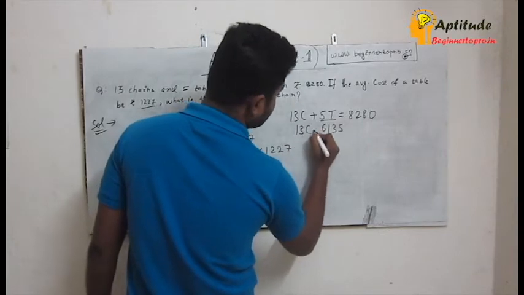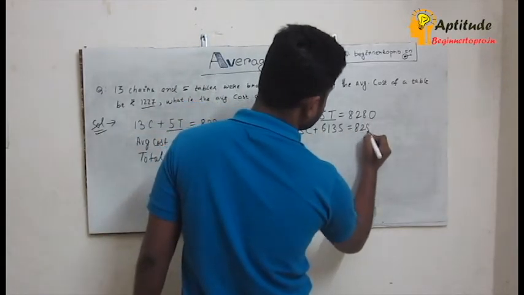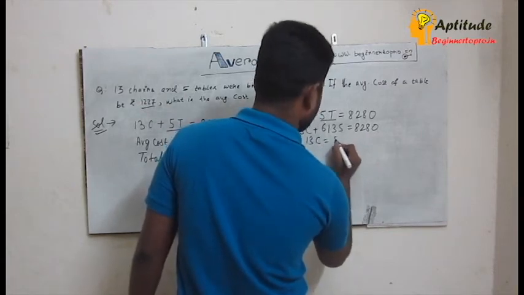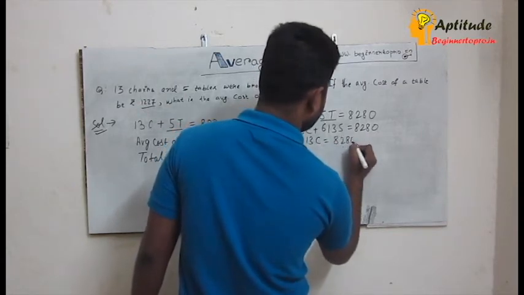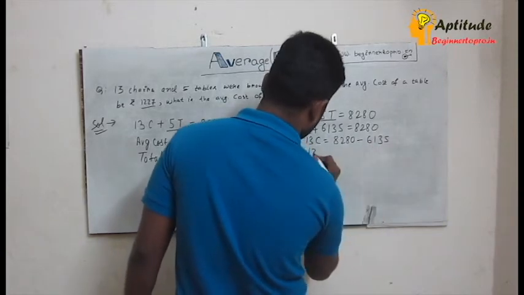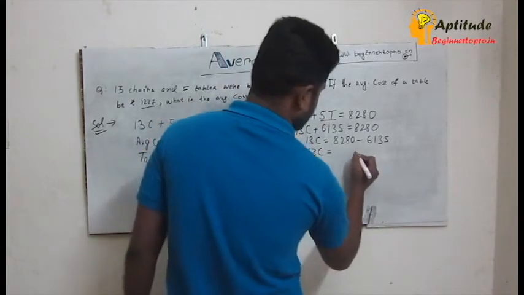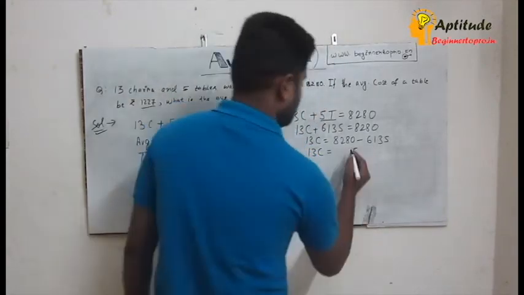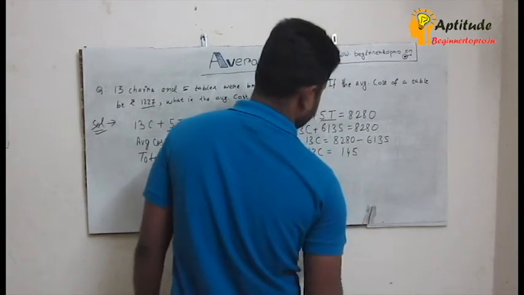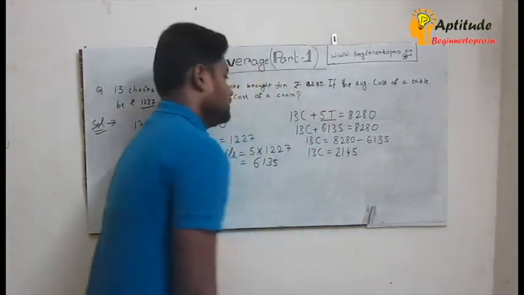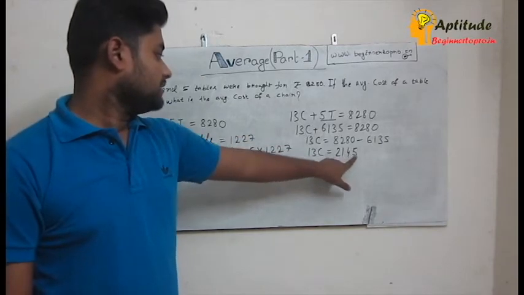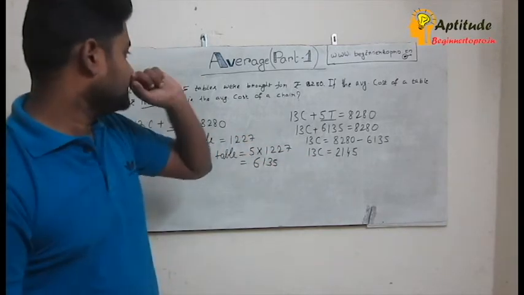What will be the value of 13C from here? 13C will be 8,280 minus 6135, which is 2145. So this is nothing but the total cost of 13 chairs.